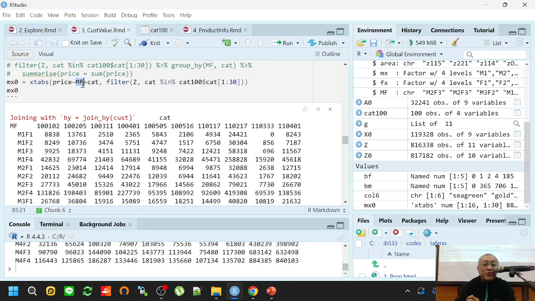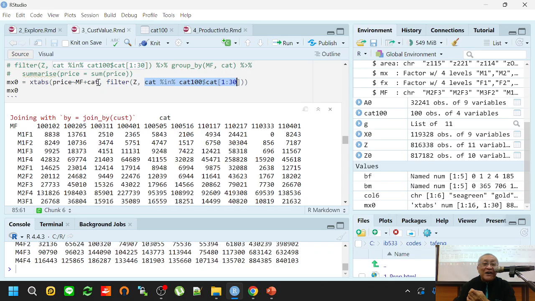This is the label, the customer group, and this is the category, right? So actually I filter in this Z data frame, I filter out the data that only include the top 30 category, right?